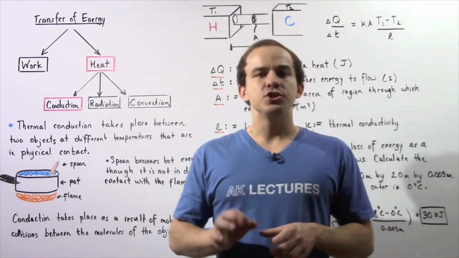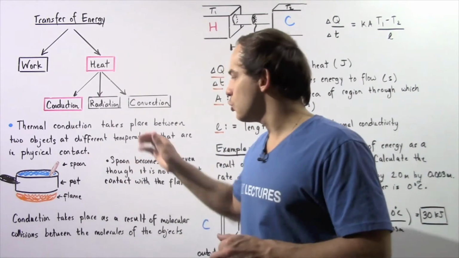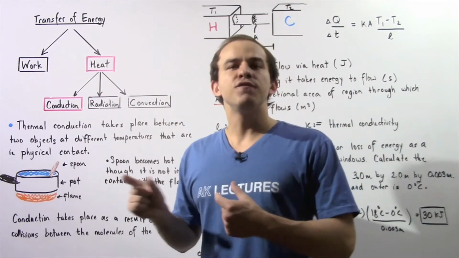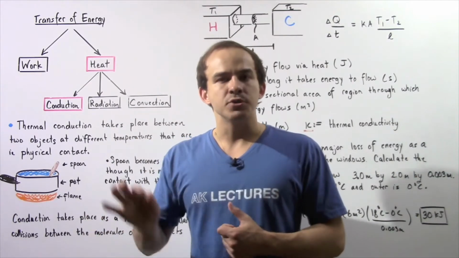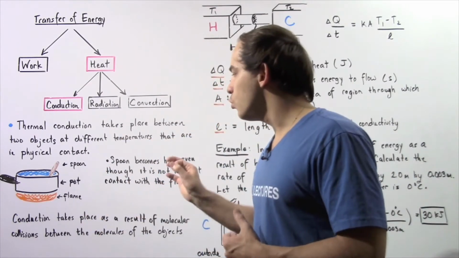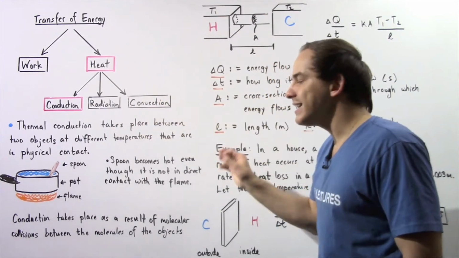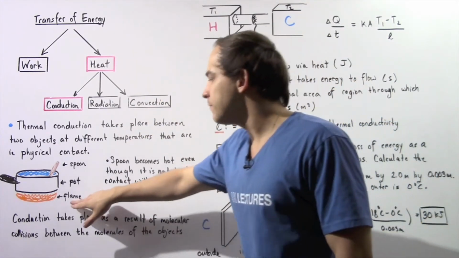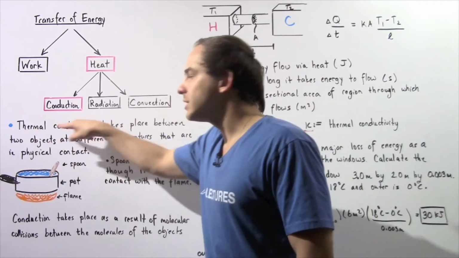And these vibrations within the pot will in turn cause the vibrating molecules inside the spoon to vibrate more quickly. And that will increase the temperature of our spoon. So the spoon becomes hot even though it is not in direct contact with the flame because of the process known as thermal conduction.